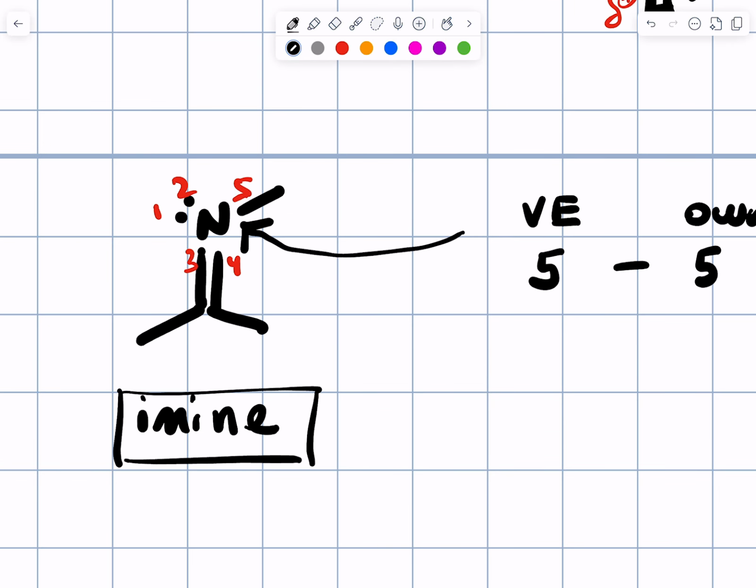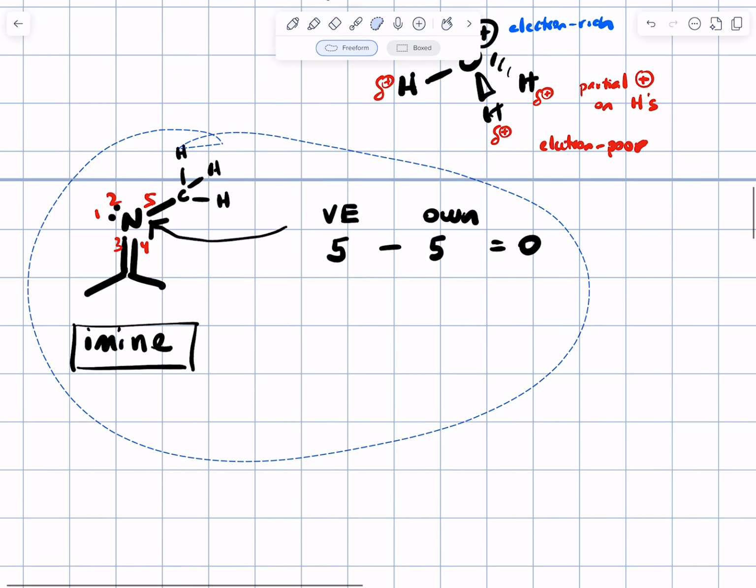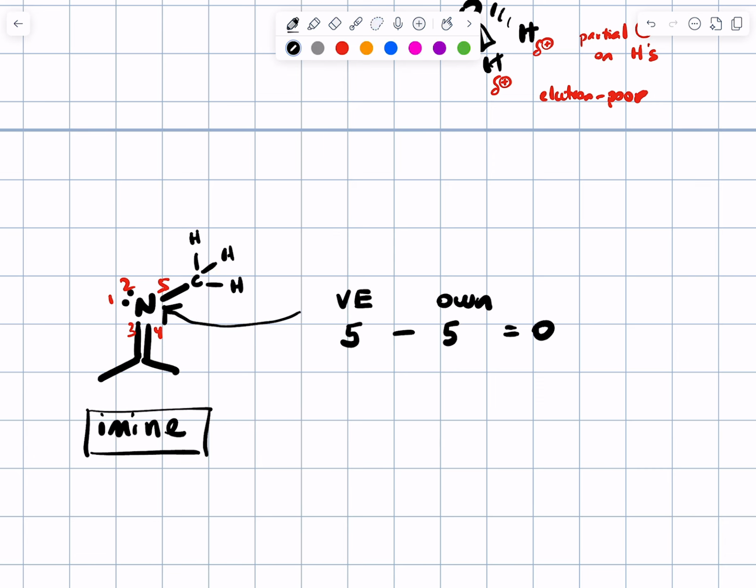Now, what about all of the carbons and the hydrogens in the imine? Hydrogen should be 0, right? Because hydrogen has normally 1 valence electron. It currently owns 1, so formal charge is 0. What about the carbon?